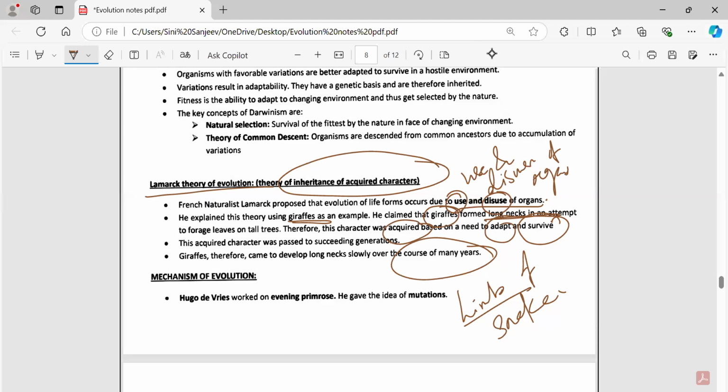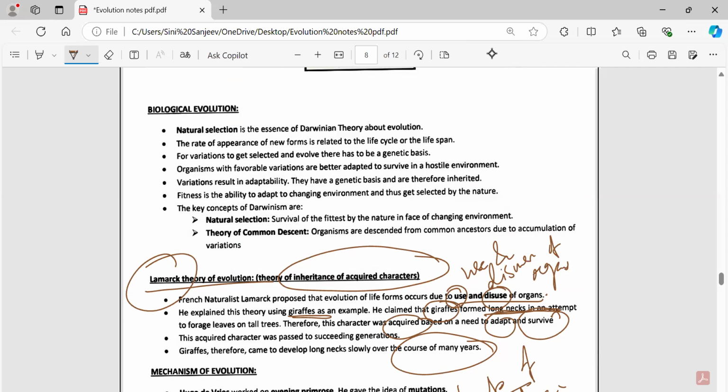So this is an example of disuse of the organ. These are the conditions you can see in the theory of inheritance of acquired characters, which is also known as Lamarckism, given by Lamarck.